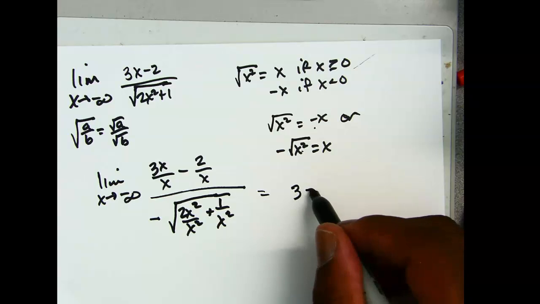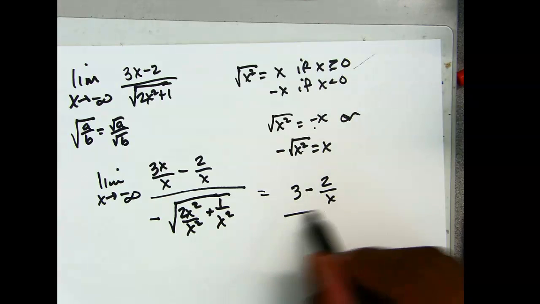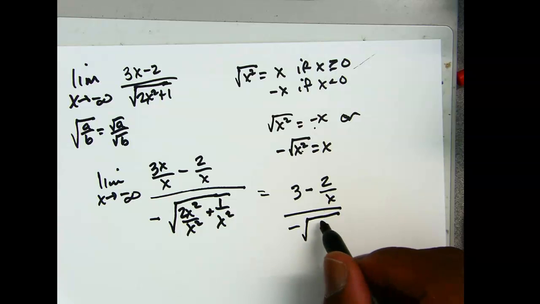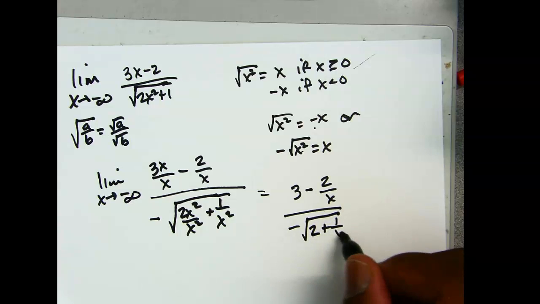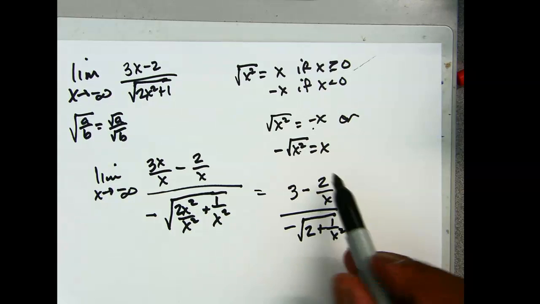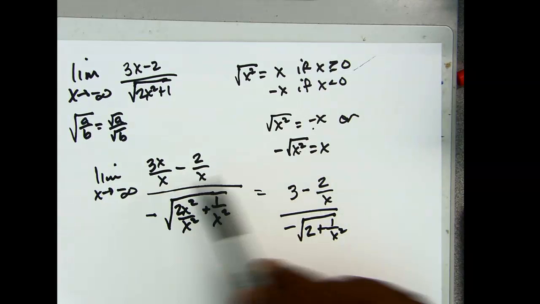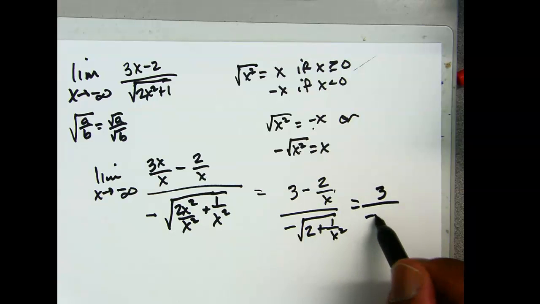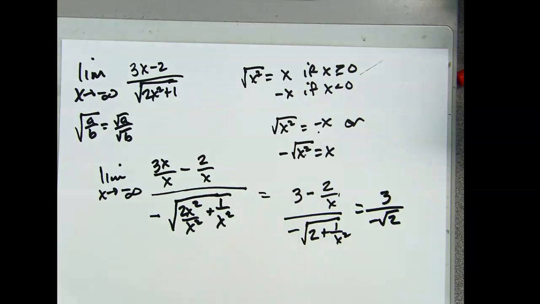So that's 3 minus 2 over x, all over the negative of the square root of 2 plus 1 over x squared. Now when we let our limit as x goes to negative infinity, we are going to end up with 3 over the negative square root of 2, or negative 3 square root of 2 over 2.